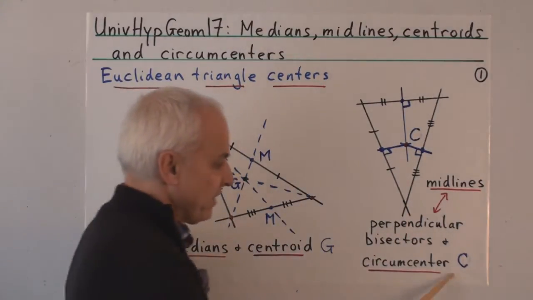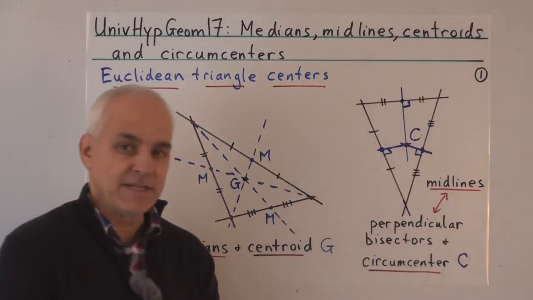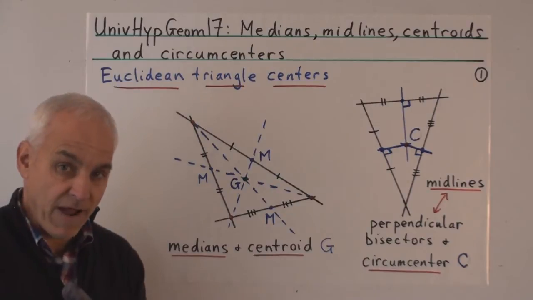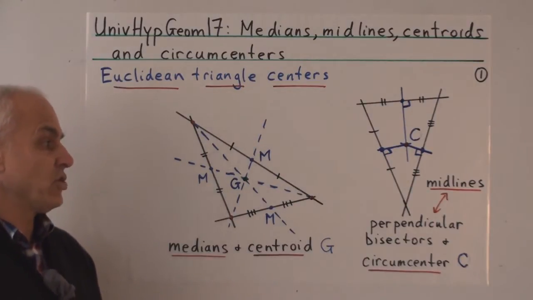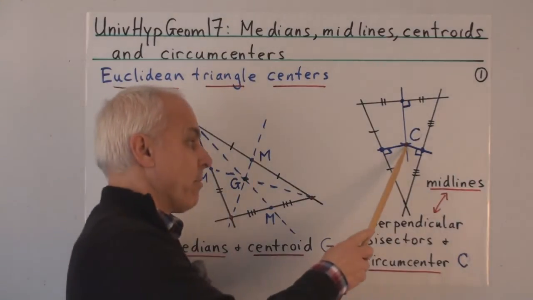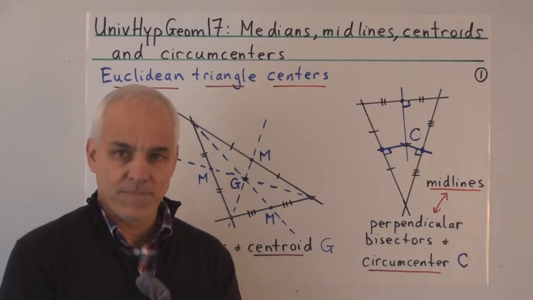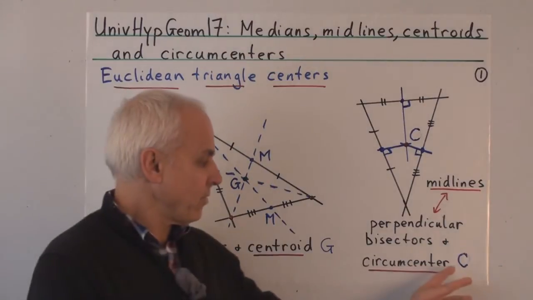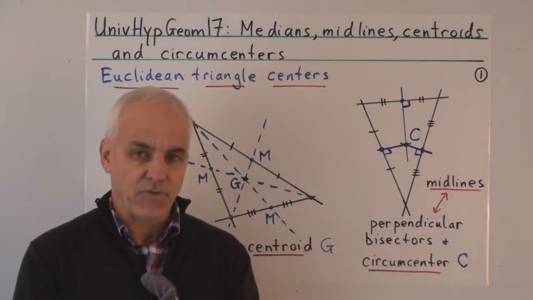Another slight point of deviation, the circumcenter C notation is not standard. It's quite common, in fact, but often in triangle geometry, at least, the circumcenter is denoted by the letter O. So after much toing and froing, I've decided that I'm going to stick with C for circumcenter.